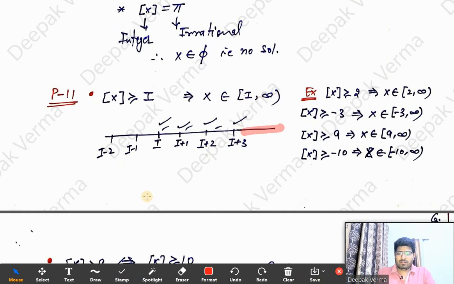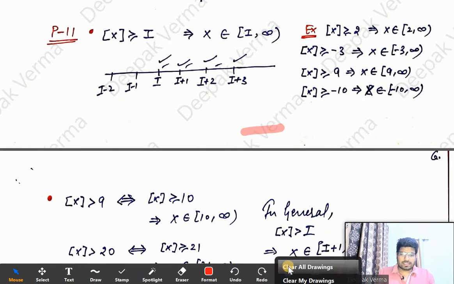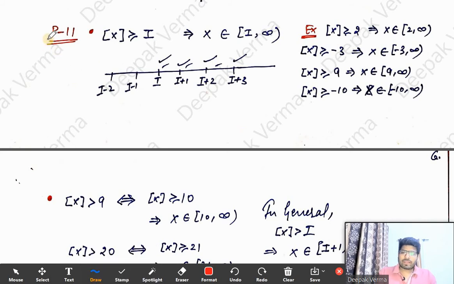Now move on to our next property, that is property number 11. Now inequality comes into the picture. If box x is greater than or equal to an integer, let's say I, then x will belong to I to infinity. Look here, we have a number line.